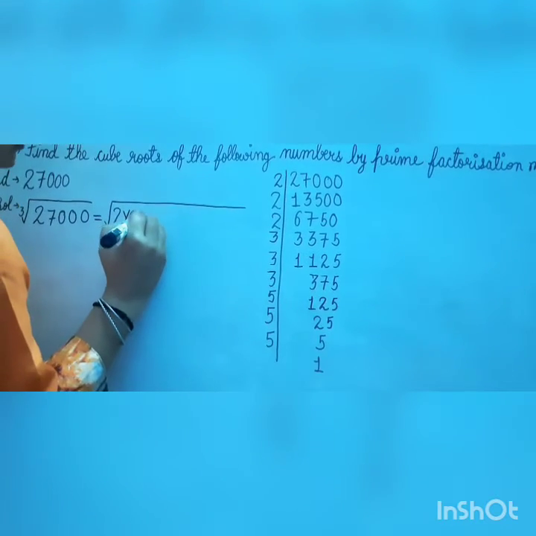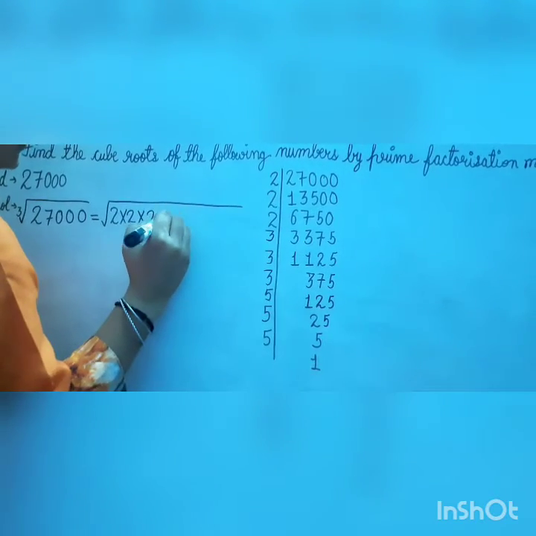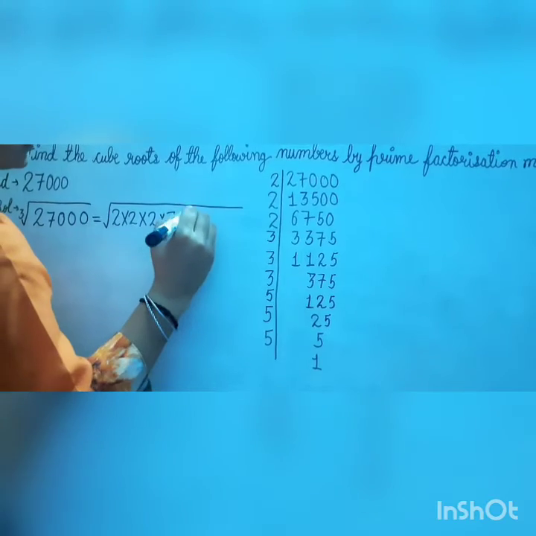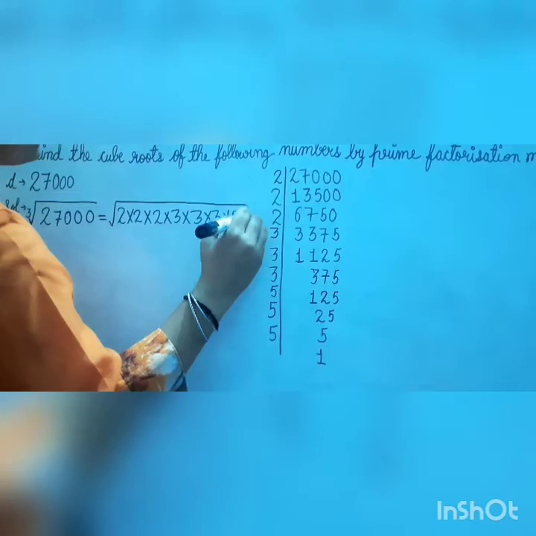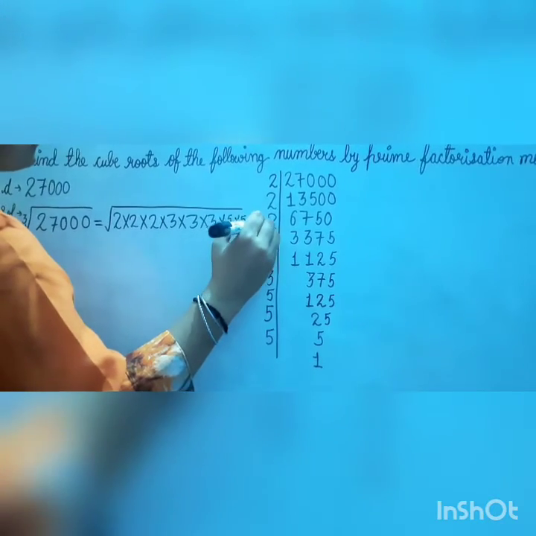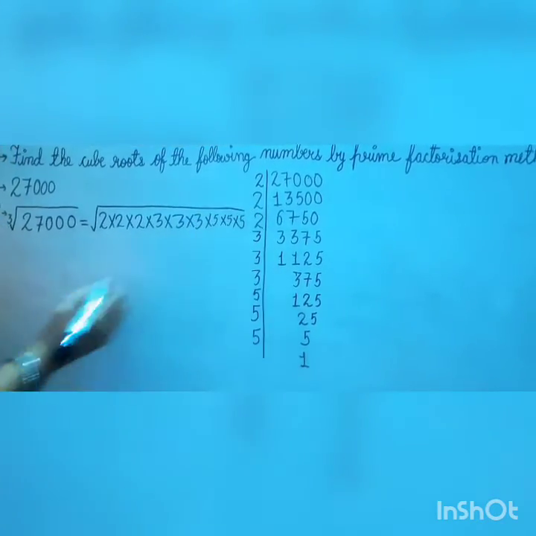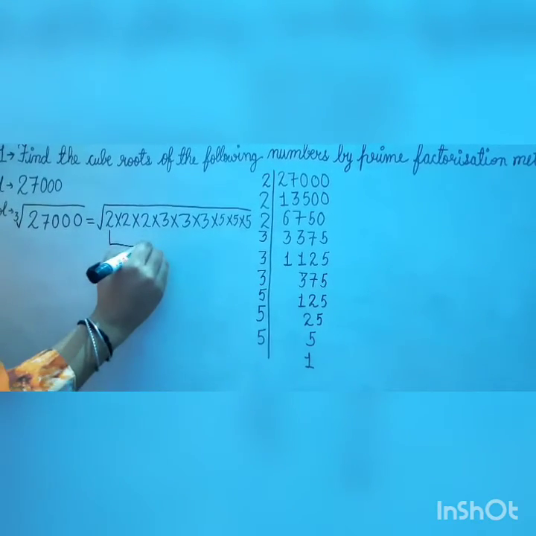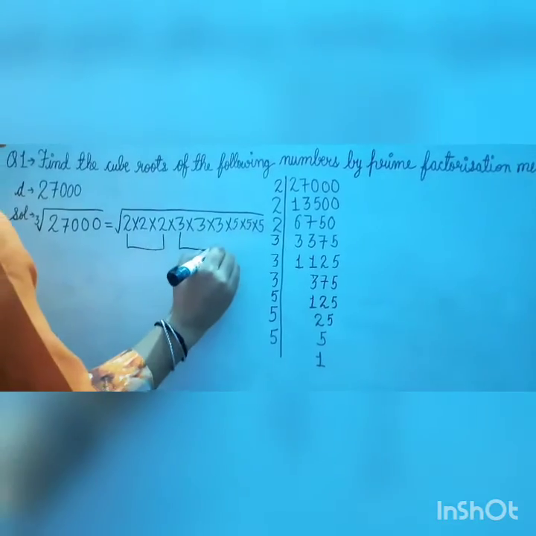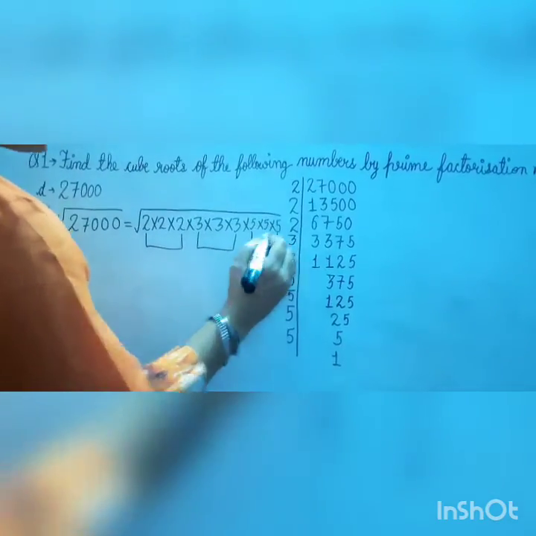2 multiplied 2 multiplied 2 multiplied 3 multiplied 3 multiplied 3 multiplied 5 multiplied 5 multiplied 5. Okay class, you can see that these three 2s are forming a triplet, these three 3s are forming a triplet, and these three 5s are forming a triplet.